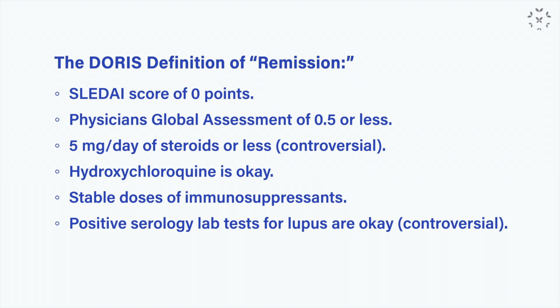Number 3, the patient had to be on low doses of steroids or 5 milligrams a day or less. I completely disagree with that part of the definition. And by the way, the doctors themselves who published this paper, they stated that that was an area of great controversy. A lot of the doctors wanted no steroids, but a lot of the doctors felt that that was just an unachievable result in many patients, and that 5 milligrams a day or less is an adequate goal.